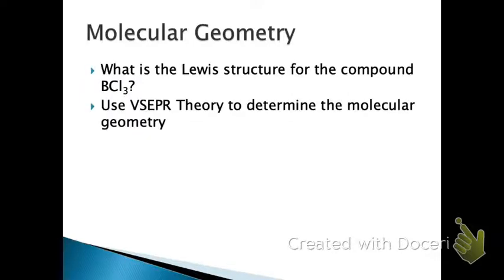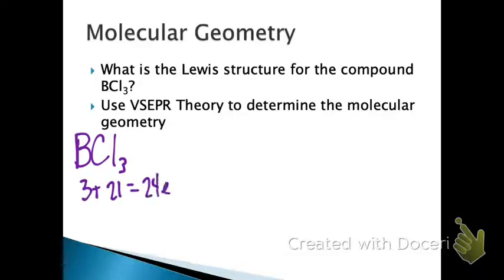So we're going to draw the Lewis structure for BCl3, and we're going to come up with the molecular geometry of that molecule. Okay, so BCl3. We're going to go ahead and find the actual Lewis structure for that. I think that contributes 3 plus 21, so 24 electrons.